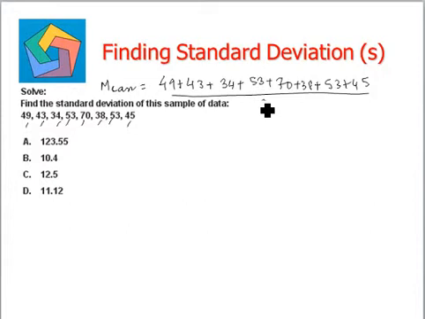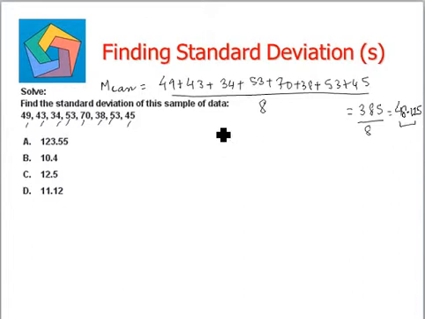So divide by 8. This total comes out to be 385, divided by 8 gives us 48.125.